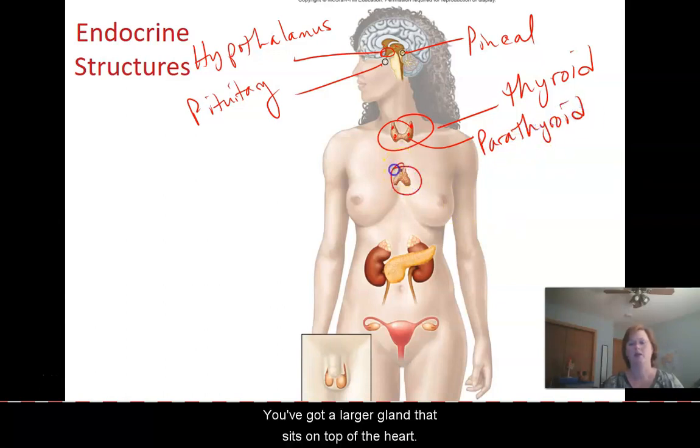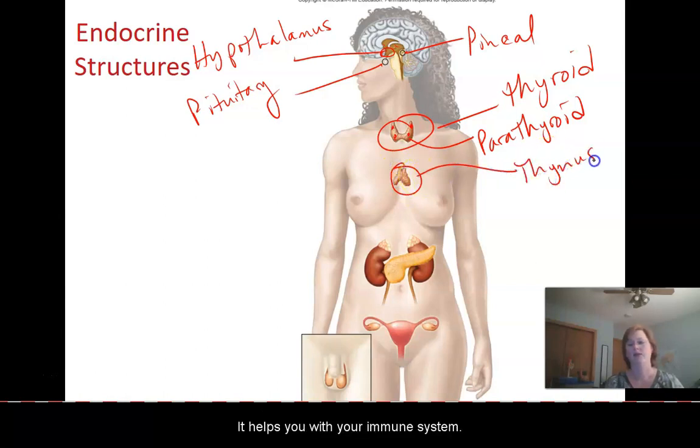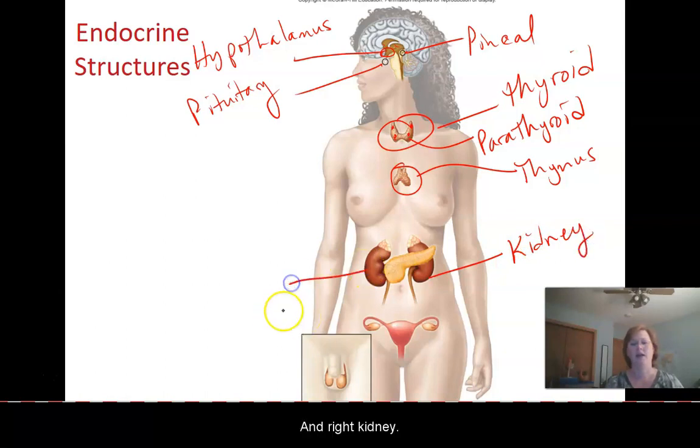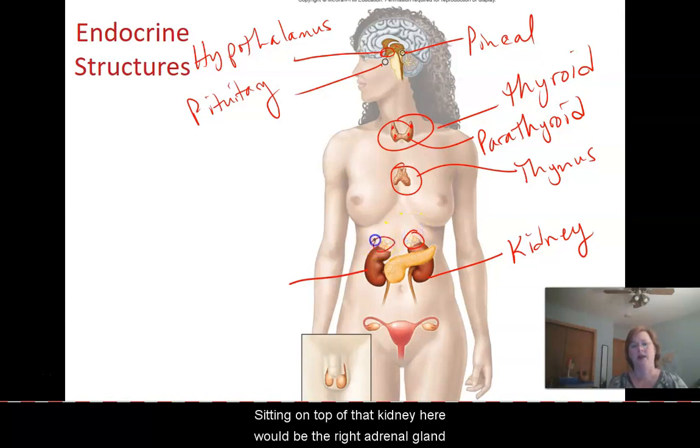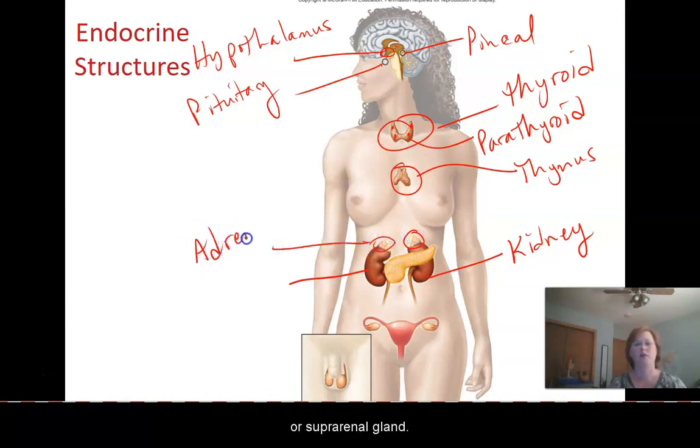You've got a larger gland that sits on top of the heart and helps you with your immune system. That's the thymus. You've got your left kidney and your right kidney. Sitting on top of that kidney here would be the right adrenal gland or suprarenal gland.